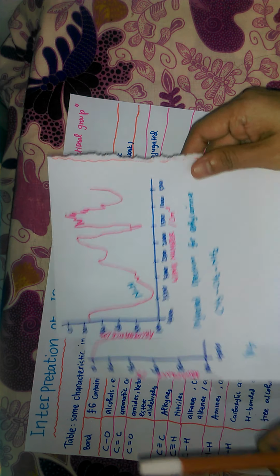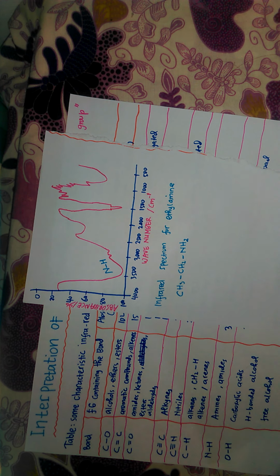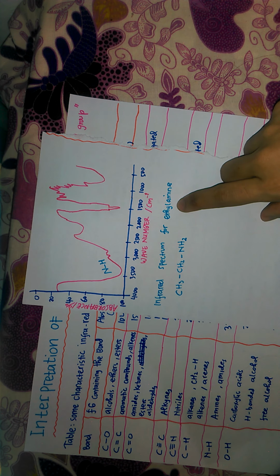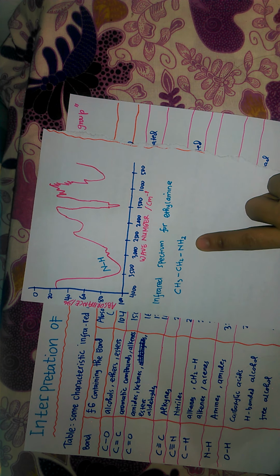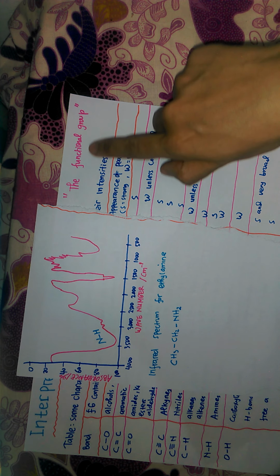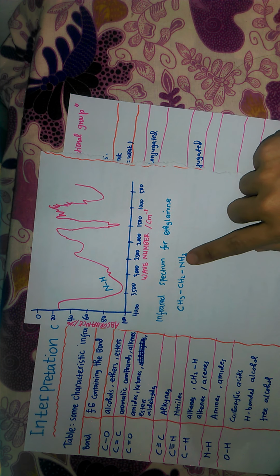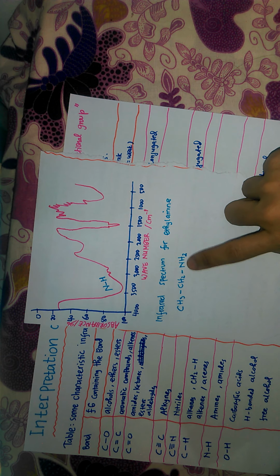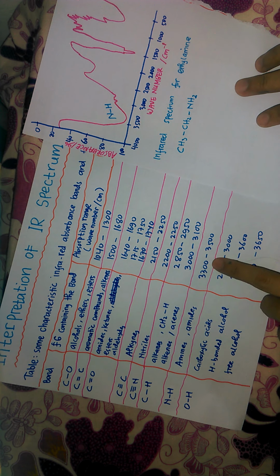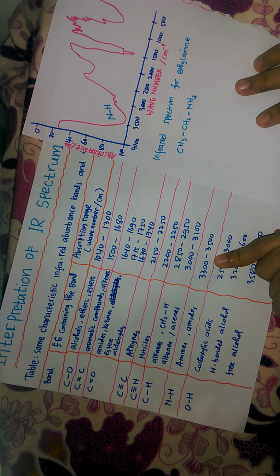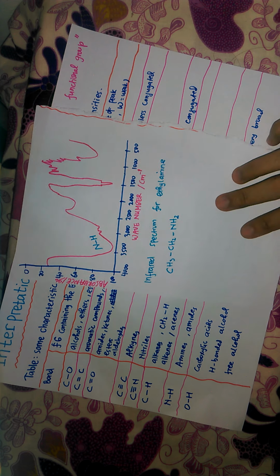We have the infrared spectrum of ethylamine, CH3CH2NH2. We want to check the presence of the functional group of amine. Amine is NH. The NH wave number is in the range of 3300 until 3500.